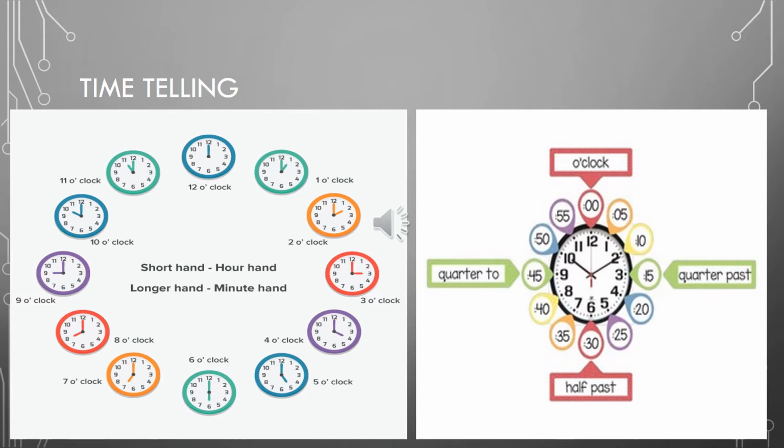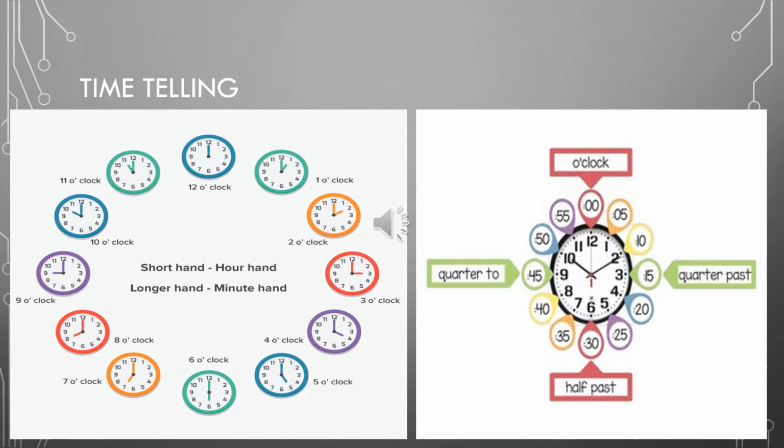Whenever the smaller hand is on 3 and the bigger hand is on 12, it will be 3 o'clock. Similarly, whenever the shorter hand is on 5 and the bigger hand is on 12, what time will it be? It will be 5 o'clock.